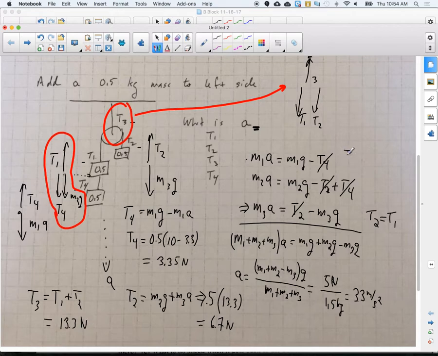So for T4, I would have M1G minus M1A. So in essence, because this piece is accelerating downward, it actually doesn't feel the full tension associated with gravity. And we'll talk about that in just a second.